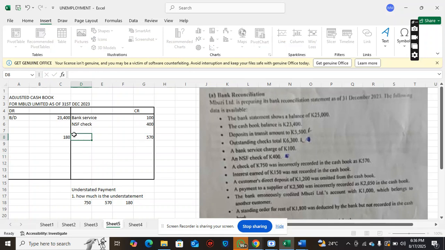So where should the 180 go, colleagues? On the credit side, right? On the credit side, so that it adds up with this small amount, so that it goes to the original total of 750.